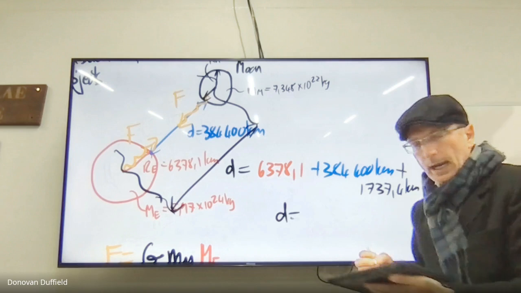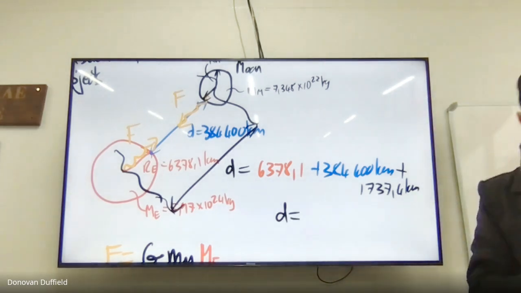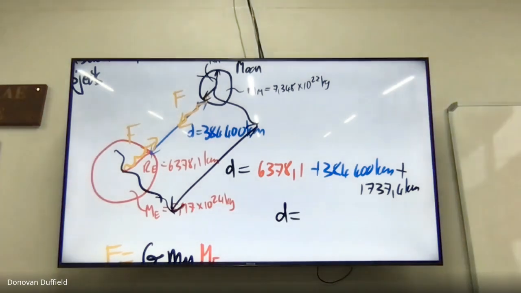So when we add all of that up, we get the distance between their centers: 6378.1 plus 384,400 plus 1737.4. And what we get is 392,515.5 kilometers.